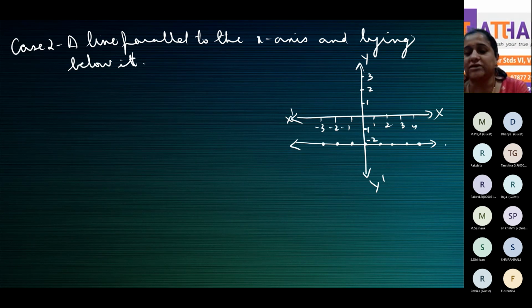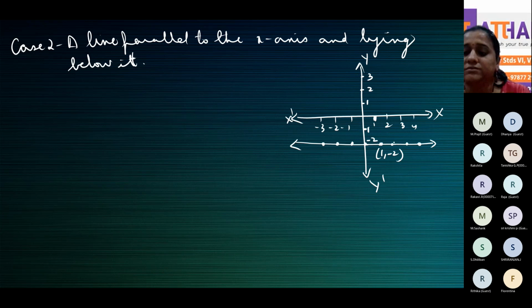Now let's consider this line. What will be the coordinates of this point? 1, minus 2.